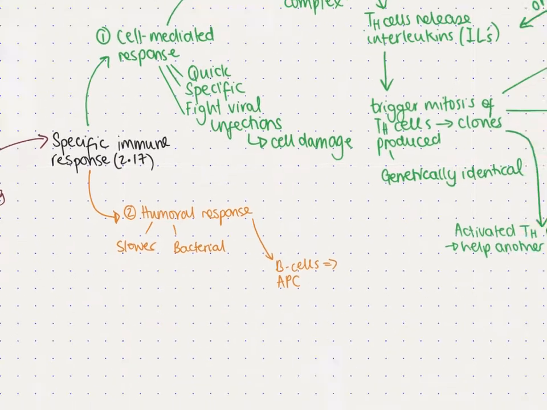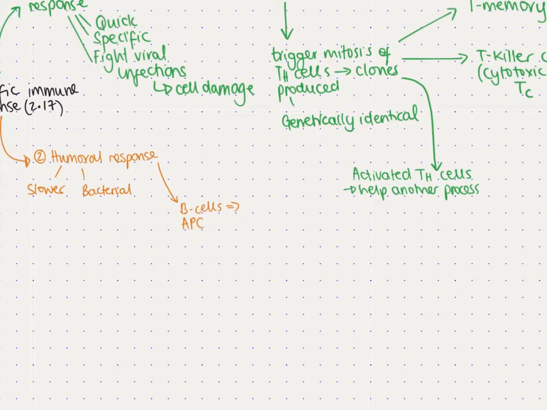Okay, and while we've got those antigen presenting B cells, they are triggered to divide using those activated T helper cells. So T helper activated triggers B cells to divide by mitosis.